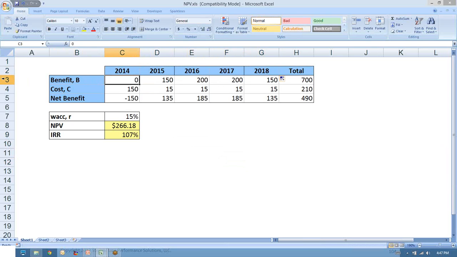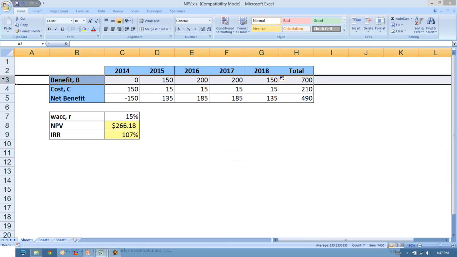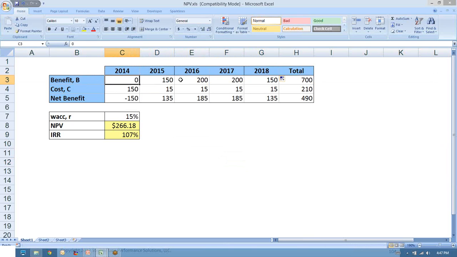All right, in row 3, we've got the benefits. So you can see in the first year, we're saying it's not going to deliver any benefit whatsoever. In the second year, it'll deliver 150, third, 200, and so on. And here what we're doing is we're putting in the costs.